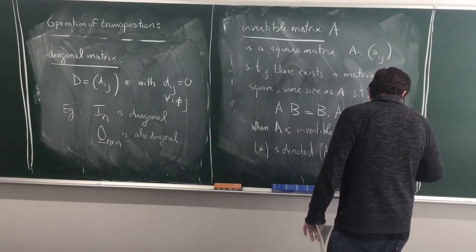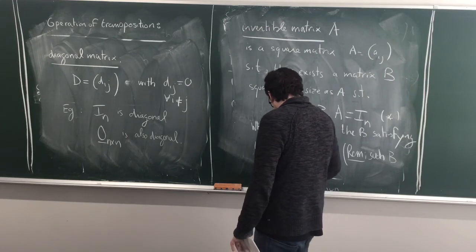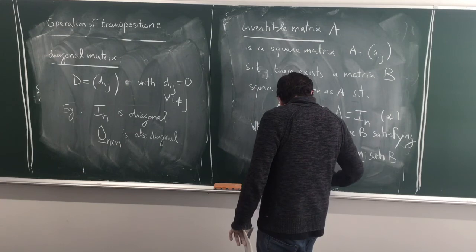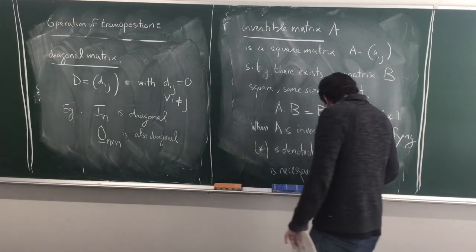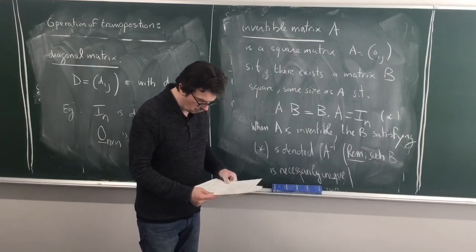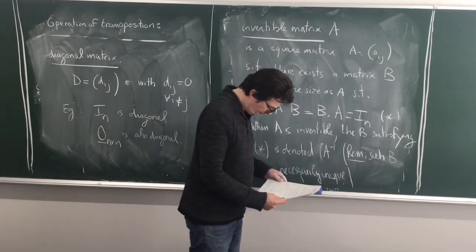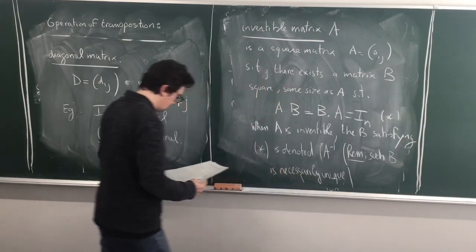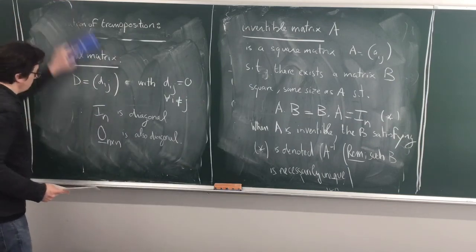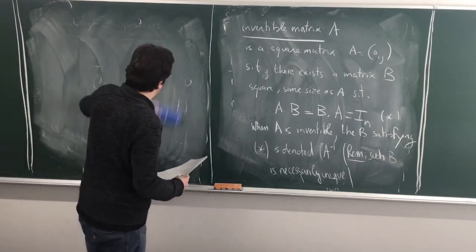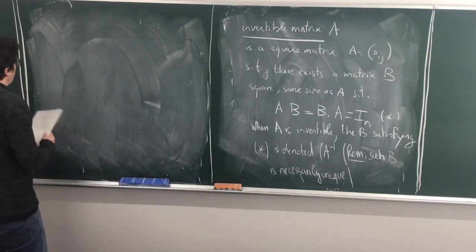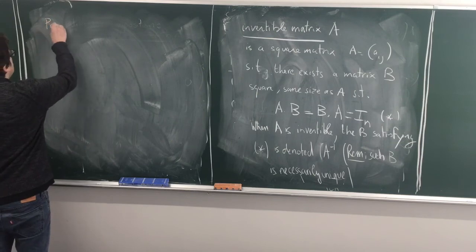Remark that such B is necessarily unique. We will see that invertible matrices play a very, very important role in the future. Now that we have seen these types, let's see the following properties.